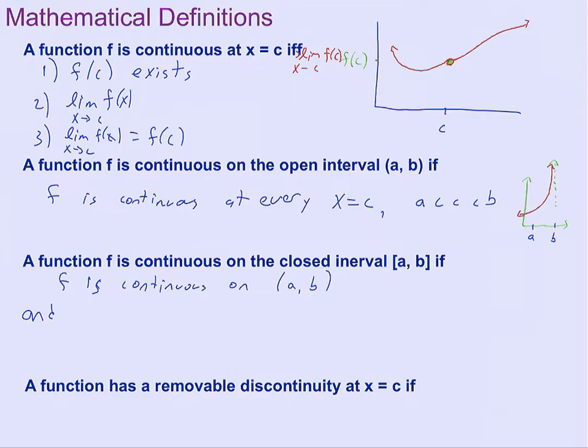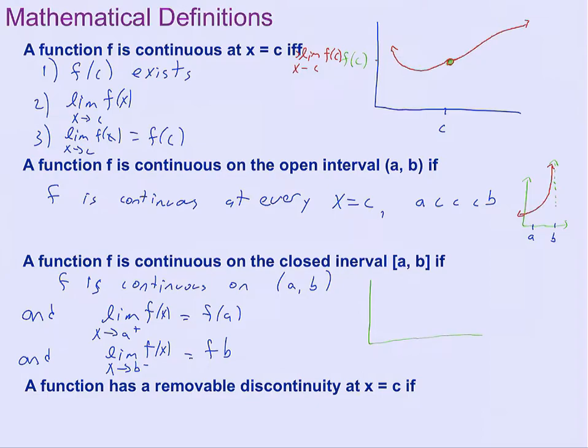So what we'll check is to make sure that the limit of f of x as x approaches a from the right is equal to f of a, and the limit of f of x as x approaches b from the left is equal to f of b. So let me draw an example of this for you, why this technical definition matters.